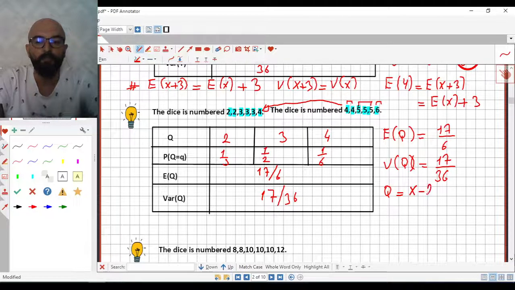The expected value of Q means the expected value of X minus 2.